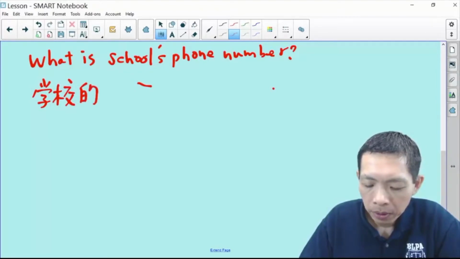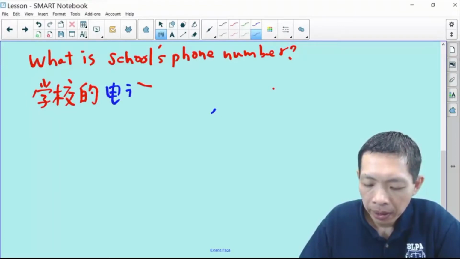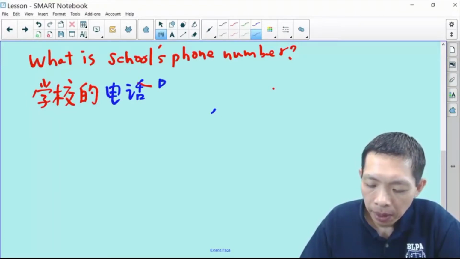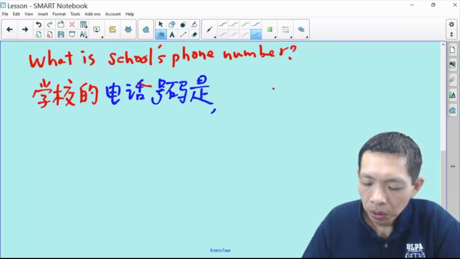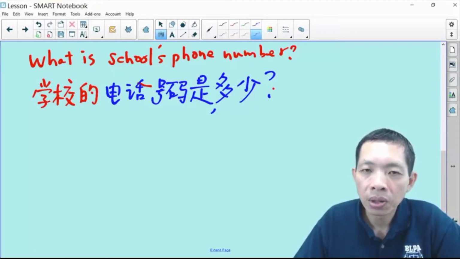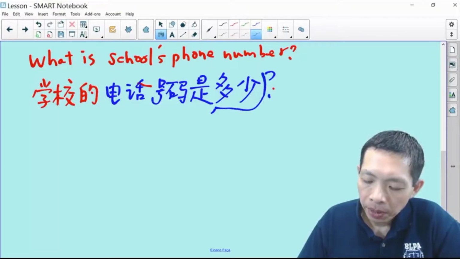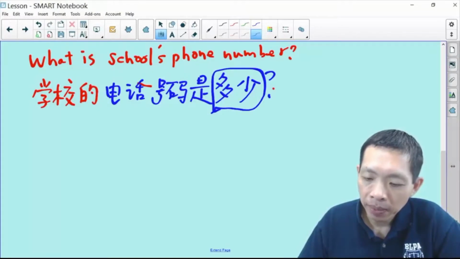The school's phone number: 电话 is phone, 号码 is number, 是多少. You do not use 号 in there, mainly because you do not say the school phone number is number this and so. You don't use it. Whereas now keep in mind that 多少 is actually how many, but in here it just means what.